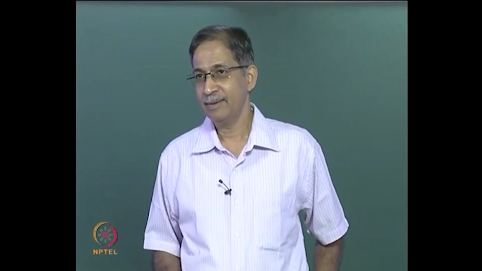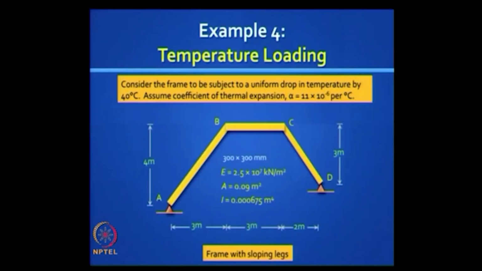Can you work out how much that force is? Is it a small force or a big force? Plug in those values. Okay, let us go back: all the members have a cross section 300 by 300, so the area is 0.09 meter squared. The material has an elastic modulus of 2.5 into 10 raised to 7 kilonewton per meter squared.